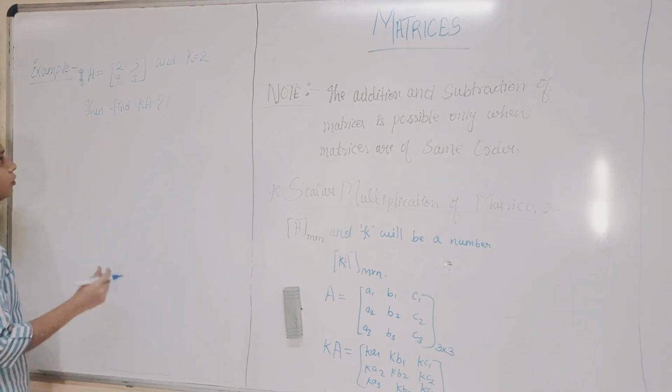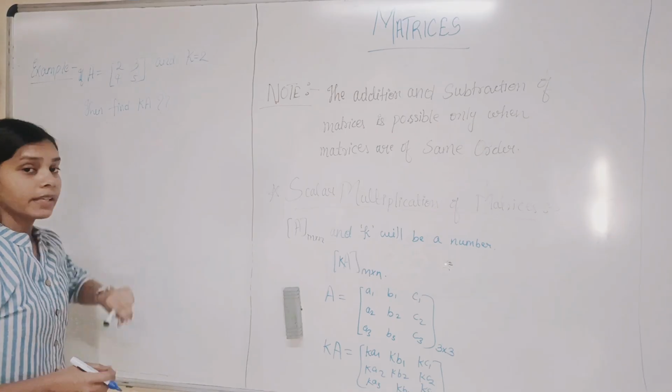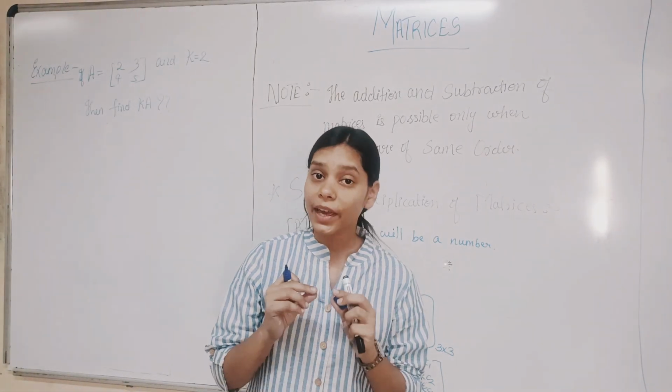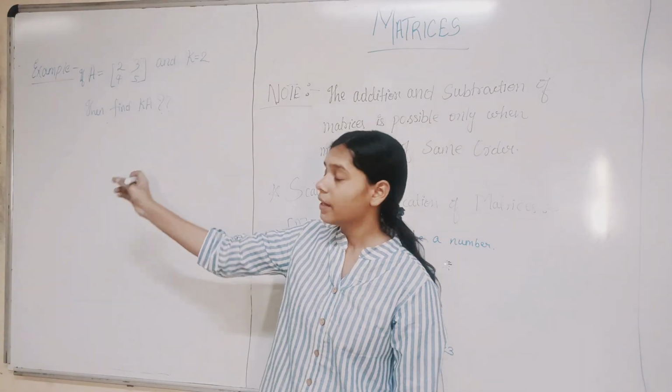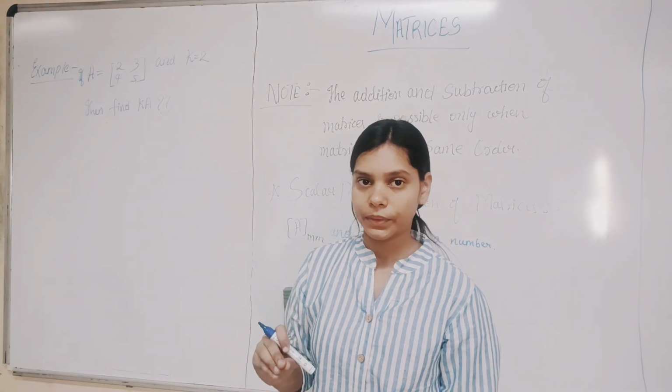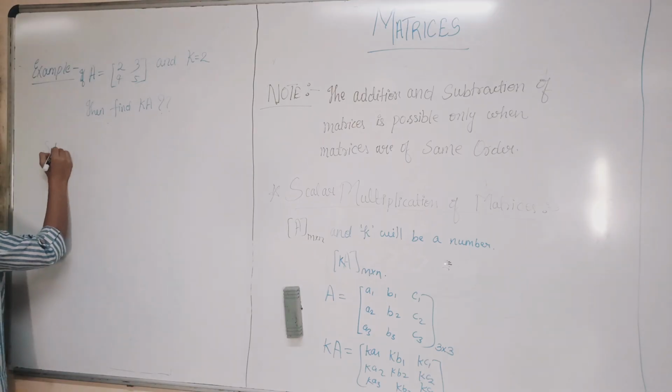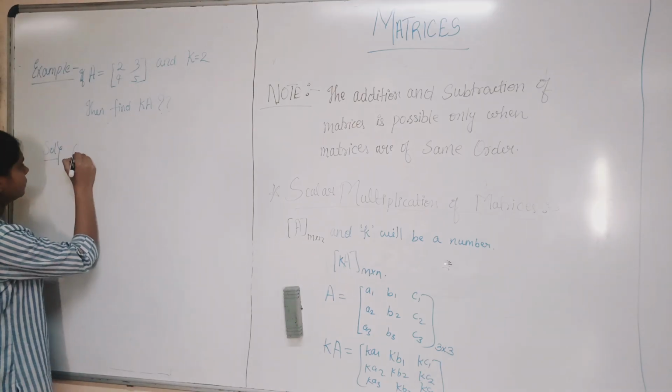Okay, we have to find kA. Means if we multiply k equal to 2 into each and every element of that matrix, then we get kA.